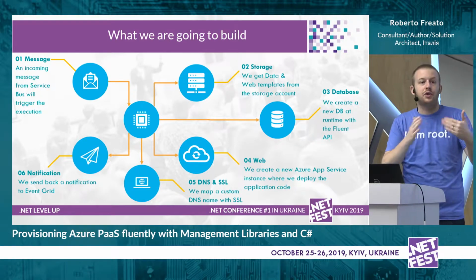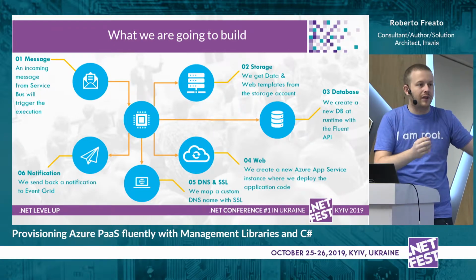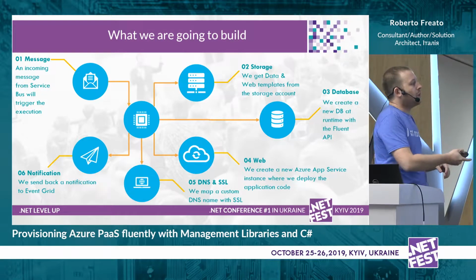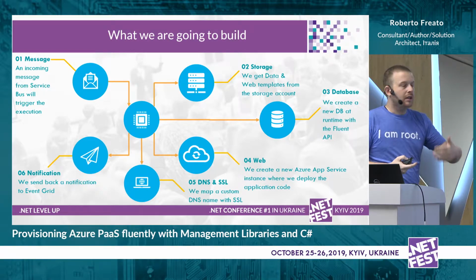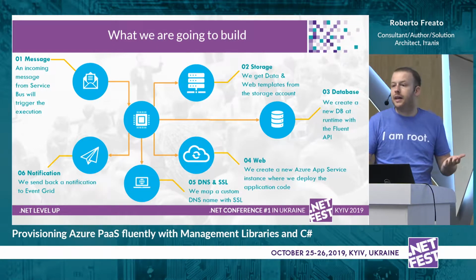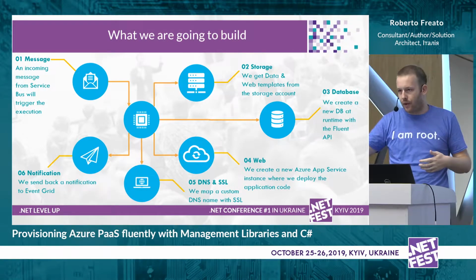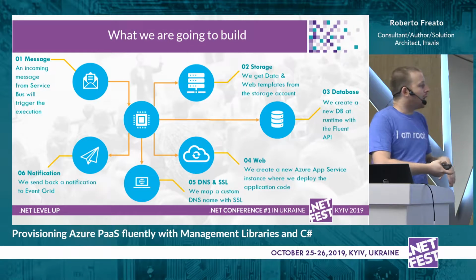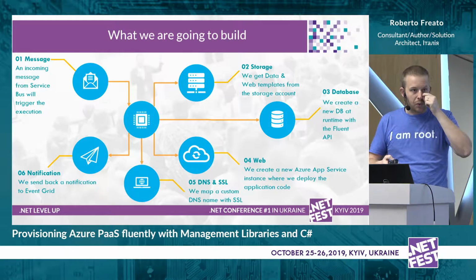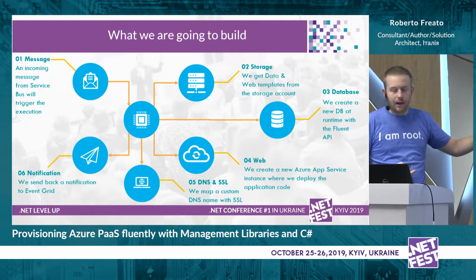The configuration should point to the newly created database and other stuff that is specific to the tenant, okay? We create the web application and deploy the code, deploy the settings, and we also want to map a custom DNS name, like name of the tenant dot mydomain dot something, okay? And also, let's create a new SSL certificate, so a new custom certificate for that domain, all automatically.